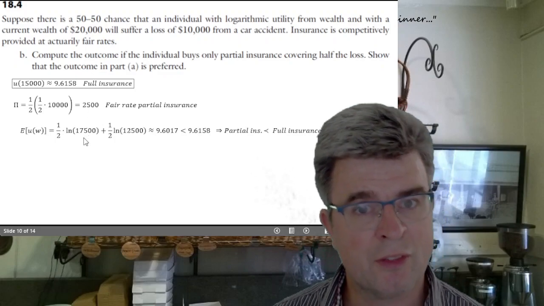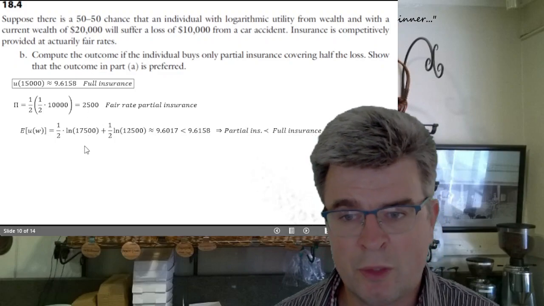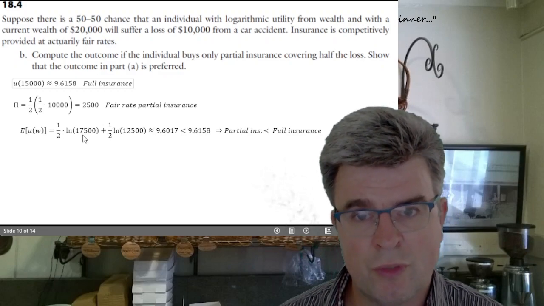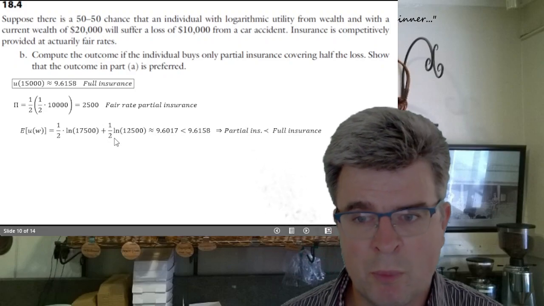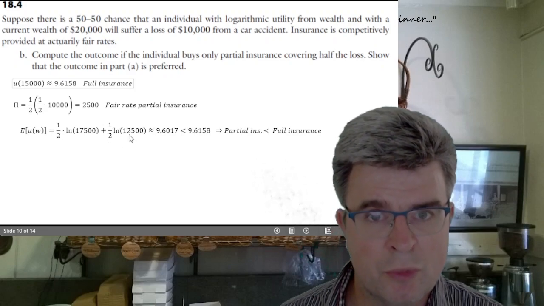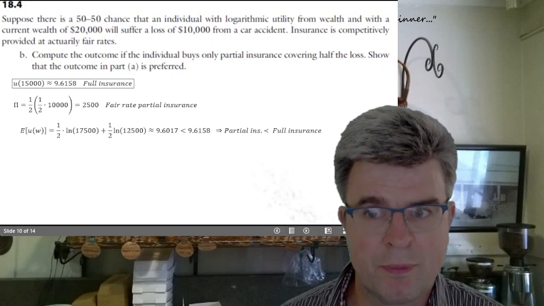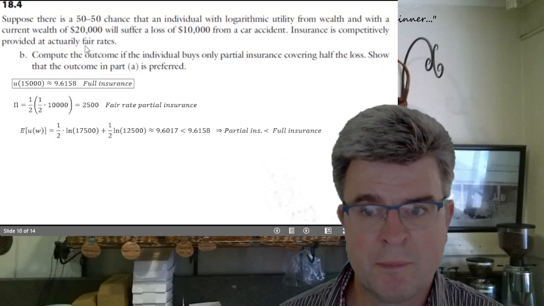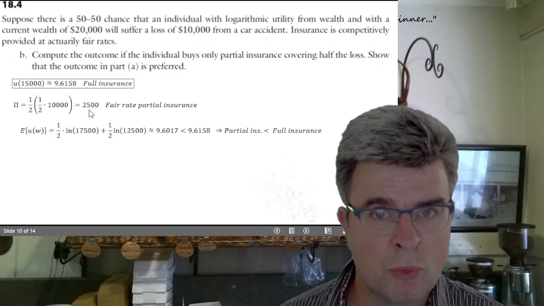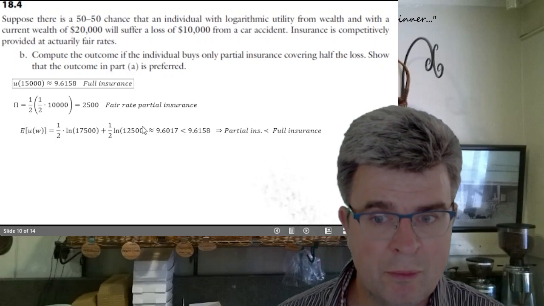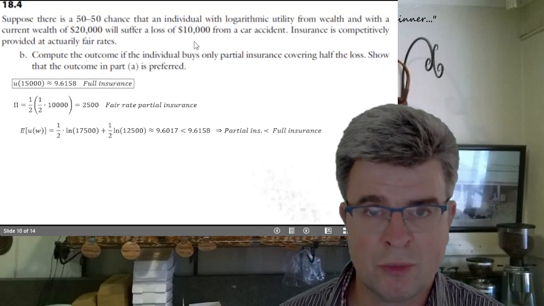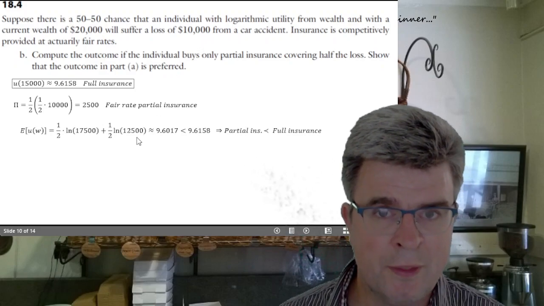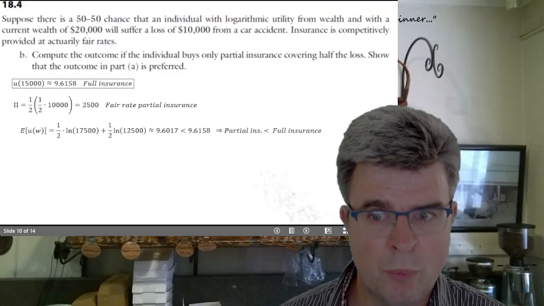So if no accident happens, his final wealth will be equal to 17,500. If an accident happens, which also happens with probability 1/2, his final wealth will be 12,500, being the 20,000 he started out with, minus the premium of 2,500, and because only half of the loss is covered, the other half of 5,000 is not covered, so that also needs to be subtracted from the initial wealth.